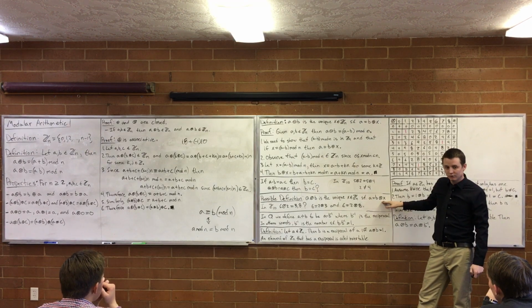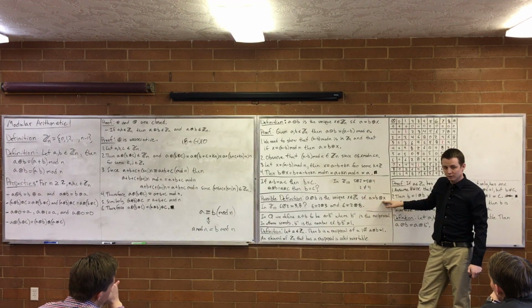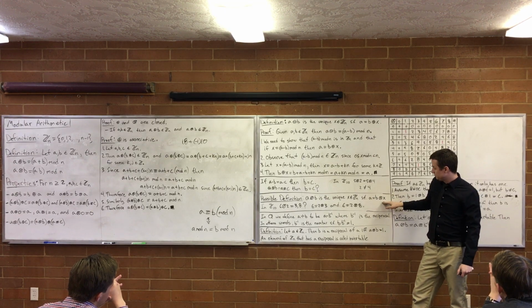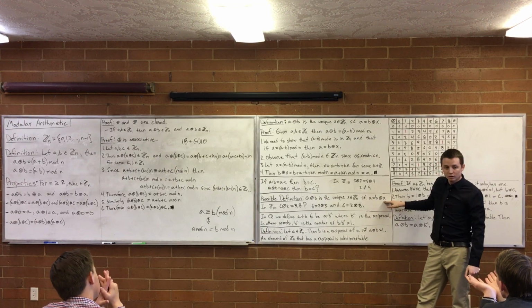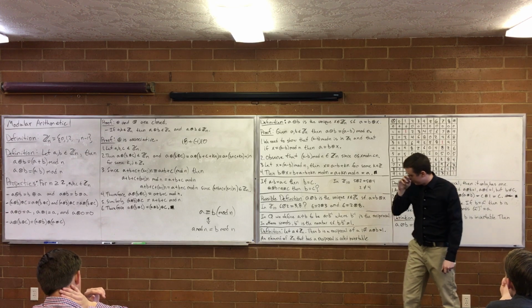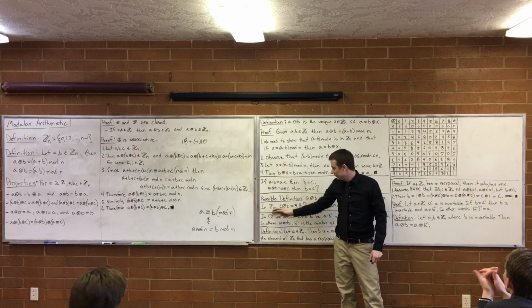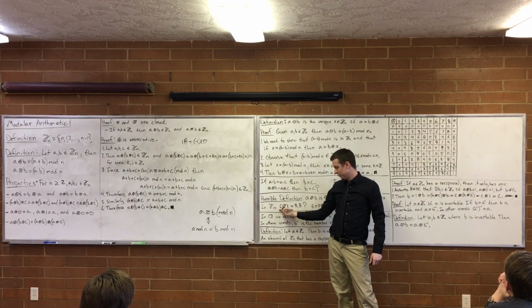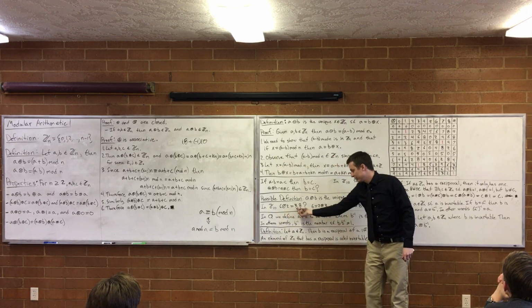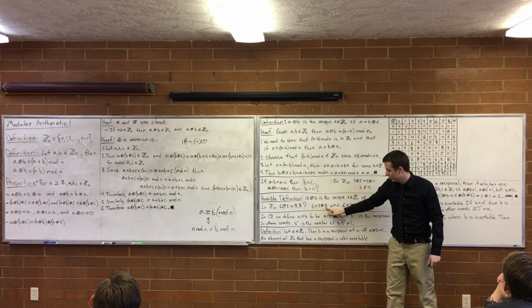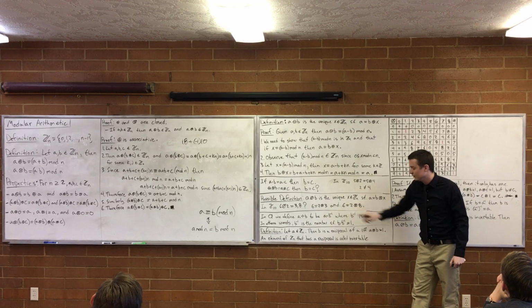Makes sense, right? But is it actually true? Let's try it in Z10. Say we want to do 6 divided by 2. There are two answers, because 2 times 3 gives you 6, and 2 times 8 gives you 6.